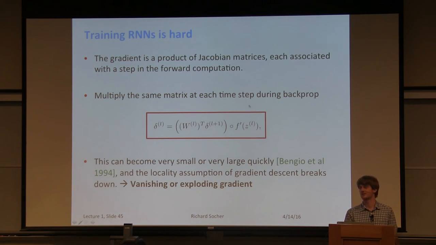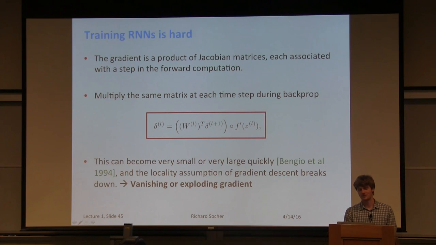This is the delta that we carefully, painfully derived in the last lecture, and to compute these error signals at each layer you have this computation. If you have, for instance, the tanh, and your derivatives are really small, that's problematic, because you multiply small numbers at each time step going backwards in time.